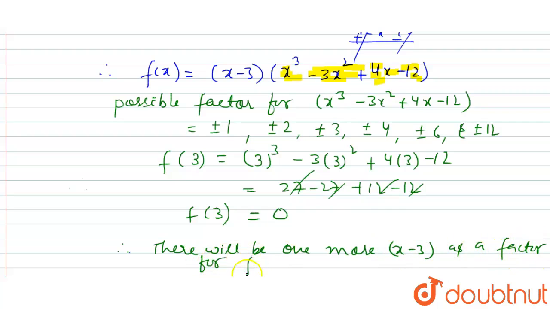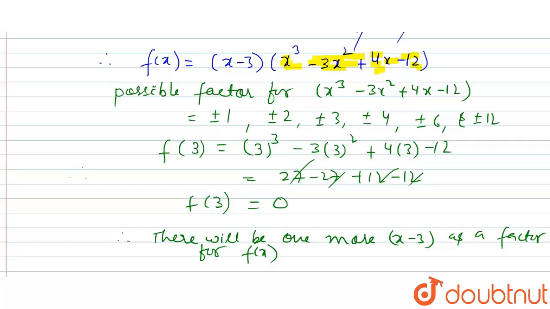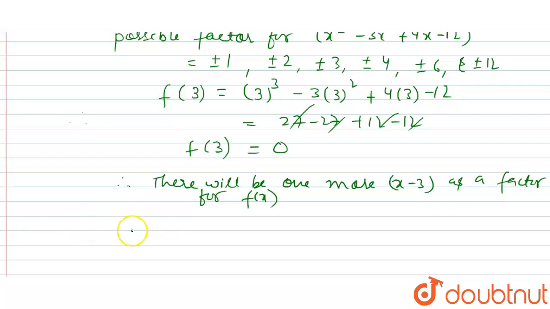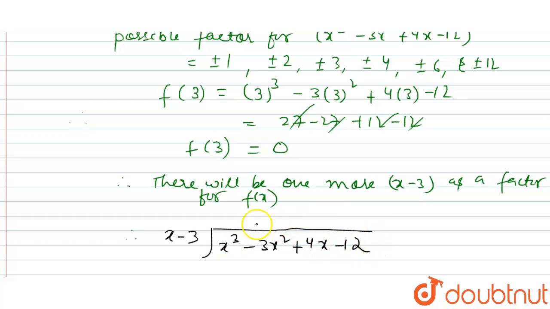Now we have to divide x cube minus 3x square plus 4x minus 12 by x minus 3 again. After dividing, we get x square, we get x cube, and again we get minus 3x square.